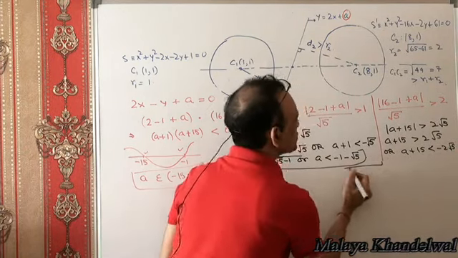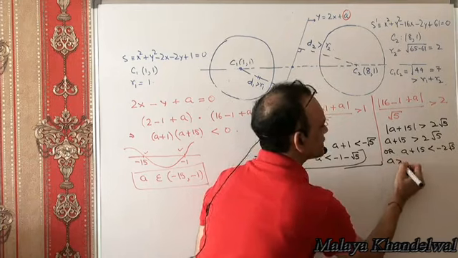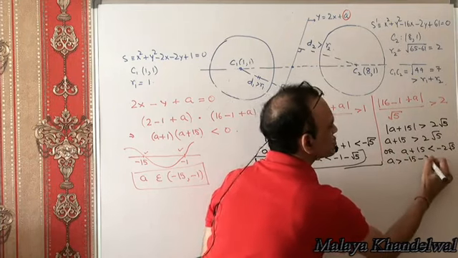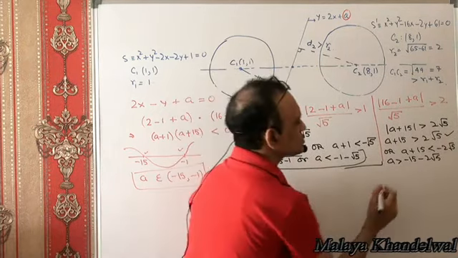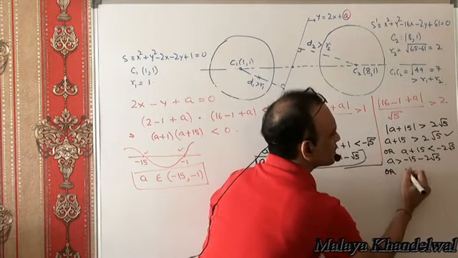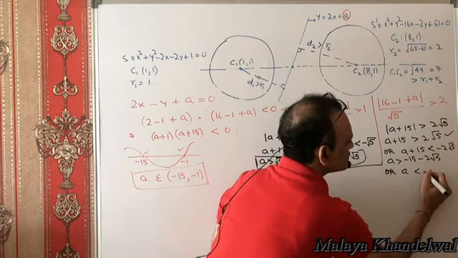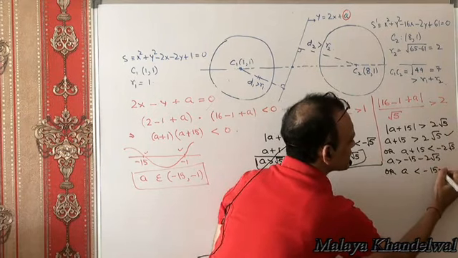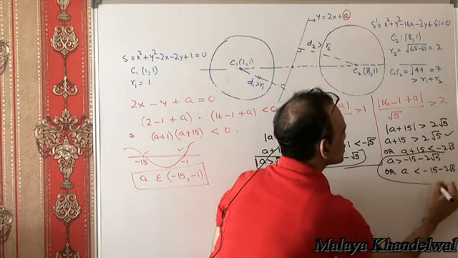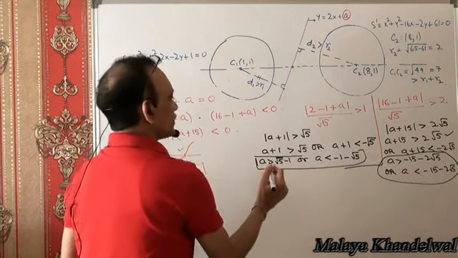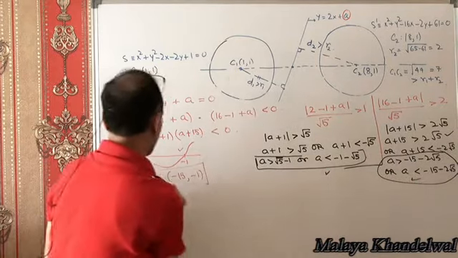So this in turn says a greater than minus 15 plus 2 root 5, or a less than minus 15 minus 2 root 5, right? This is the second set of conditions. Now we have this, this and this.